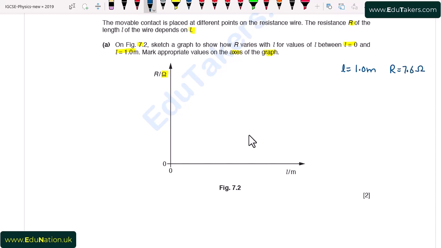Second, when length is equal to 0, then the resistance will be equal to 0. So the length varies from 0 to 1 meter while the resistance varies from 0 to 7.6. So first of all, we have to make a scale and mention different points on these axes.